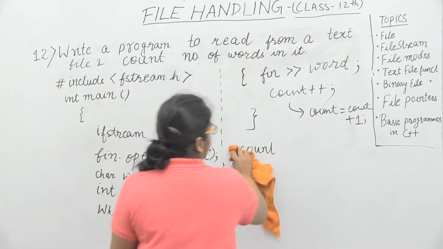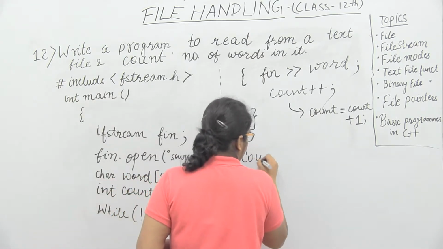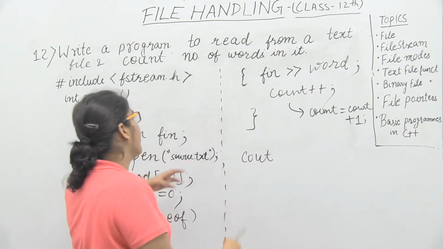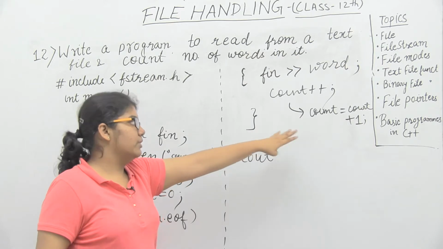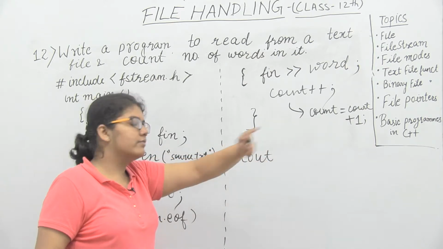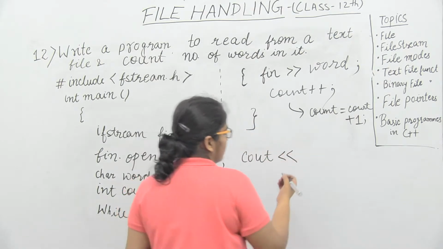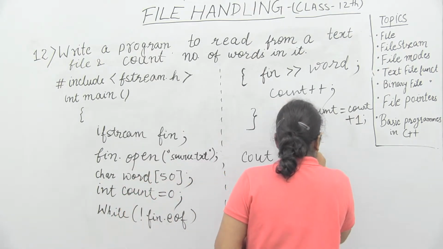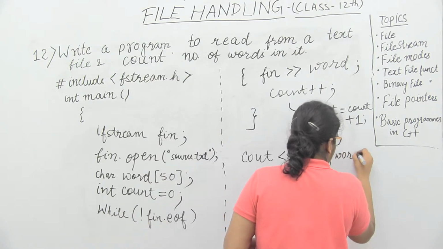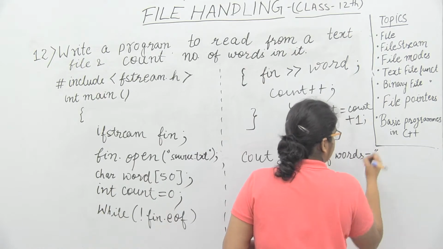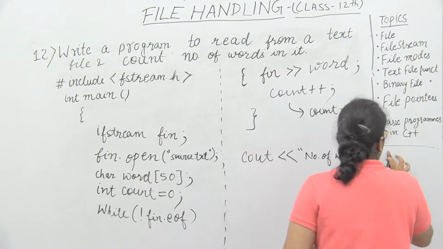Then we'll print this. cout. See, when we come out of this loop, our count variable will indicate the number of words in our file. So we'll print that: cout << "number of words = " << count.